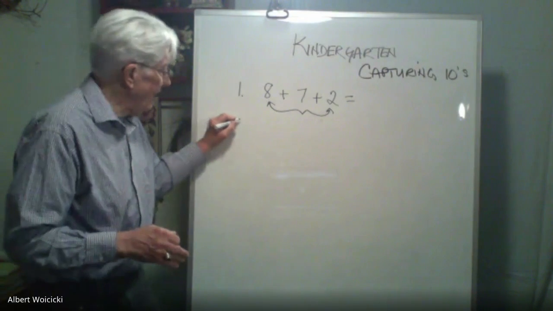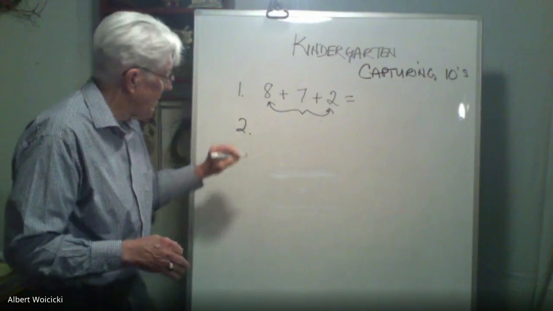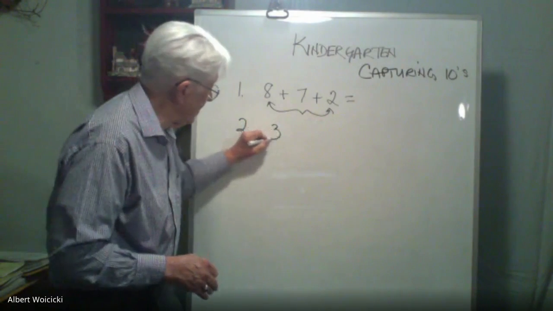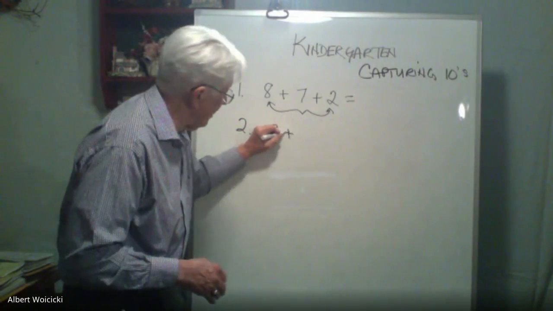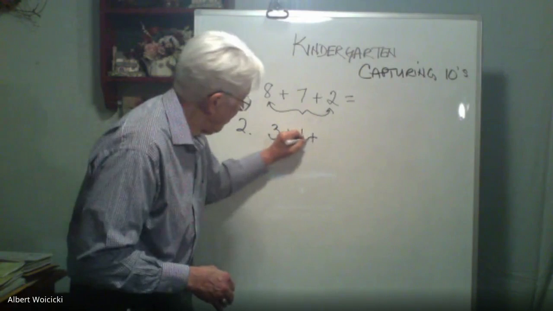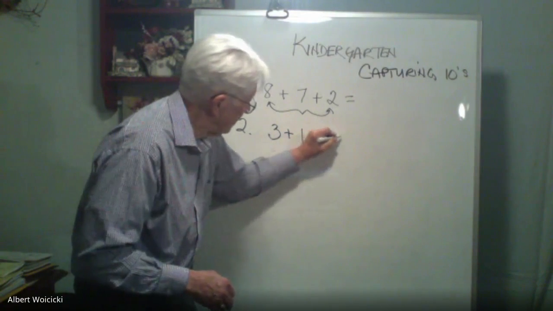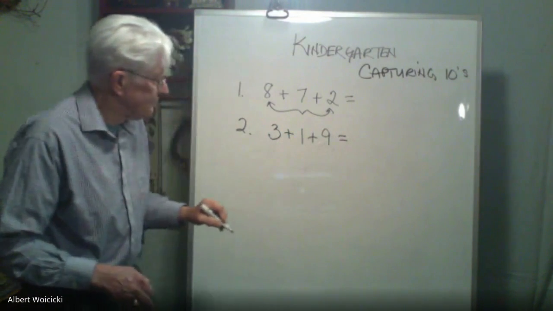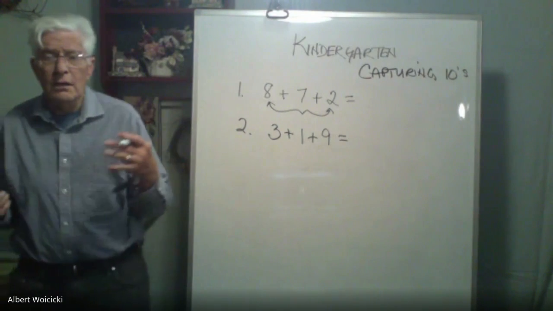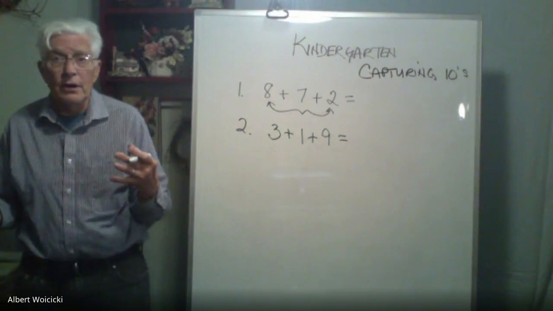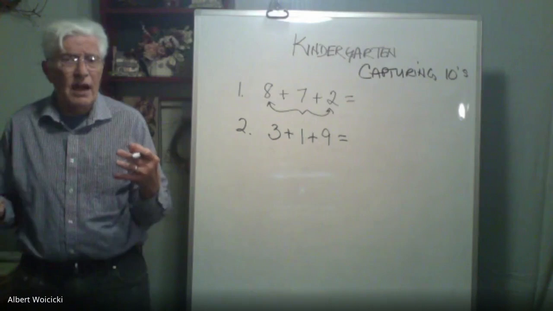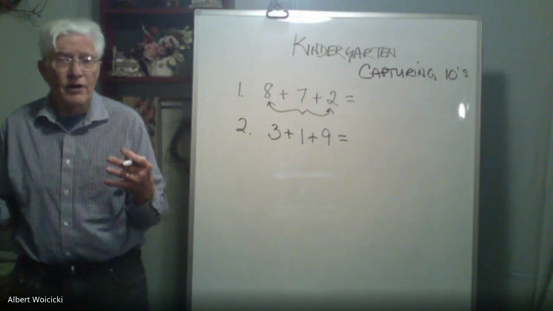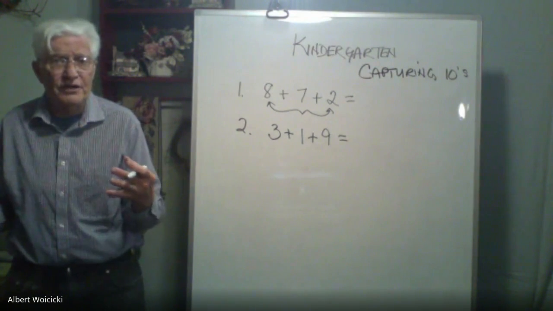So another example would be 3 plus 1 plus 9 equals. Now, 3 plus 1 is 4, plus 9. That may be a struggle for a lot of students. 4 plus 9 is 13.